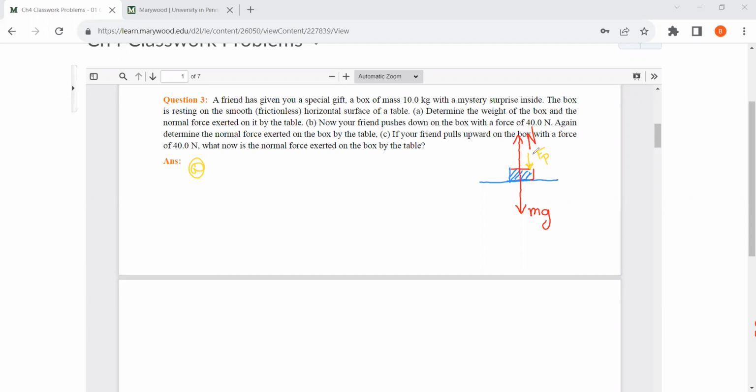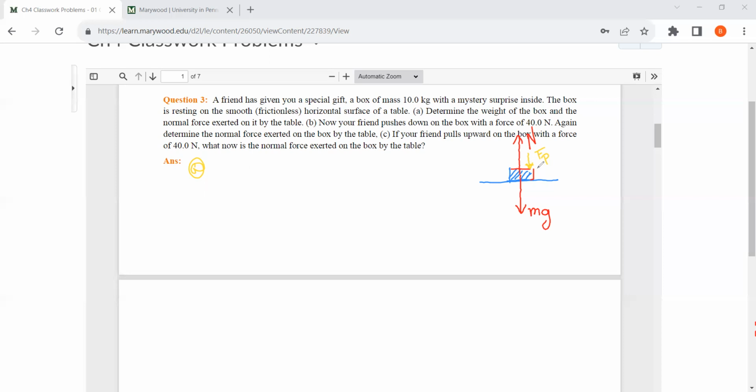So when someone pushes this box with a 40 Newton force, nothing will happen. Actually, it will not move in any way. But then if someone applies another force, what is the normal force?